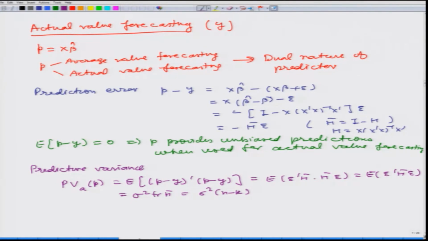Okay. Now again the question arises that this sigma square is unknown. So, we can obtain here an estimate of predictive variance.